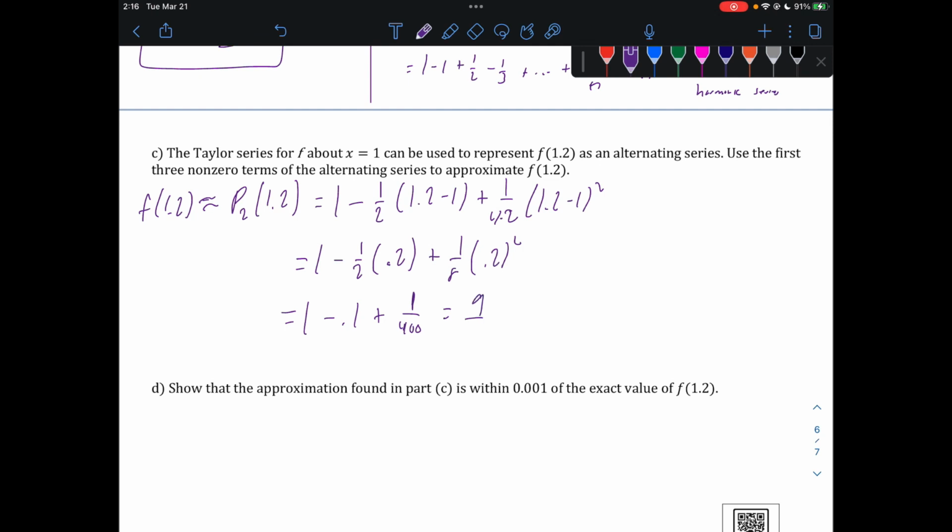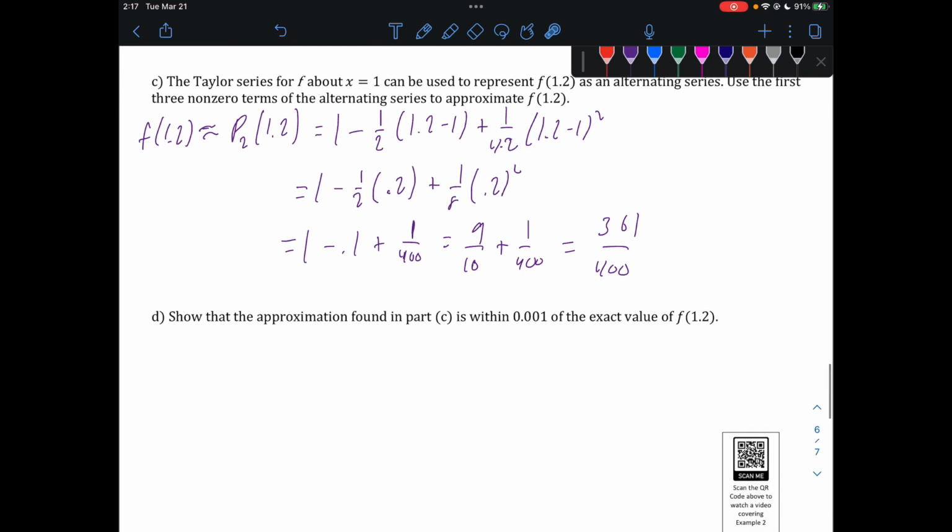So we would get 9/10 plus 1/400. Let's see, if I multiply by 40 over 40, 360, 1 over 400. Okay? But I'm pretty sure you could have left it right there. In fact, I don't even know if I did my changing to a fraction correctly here. Let me see here. Yeah, it looks right to me.